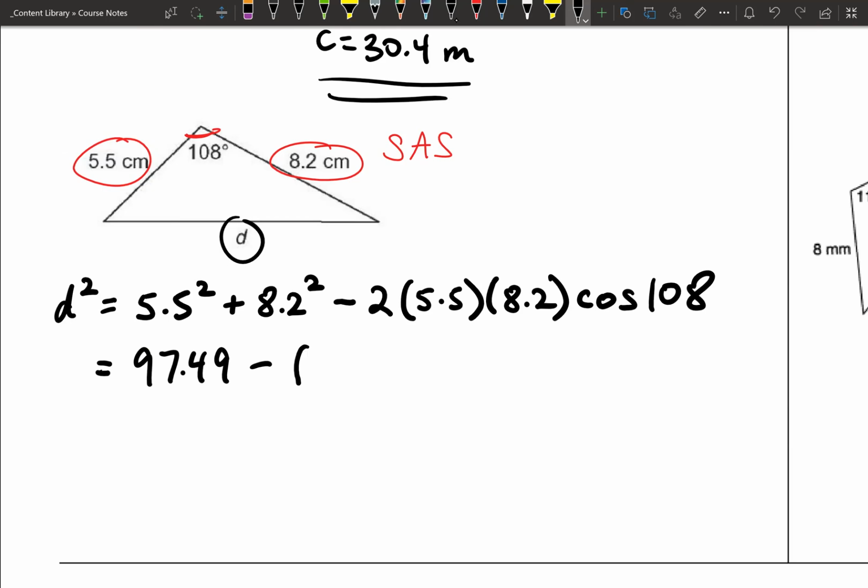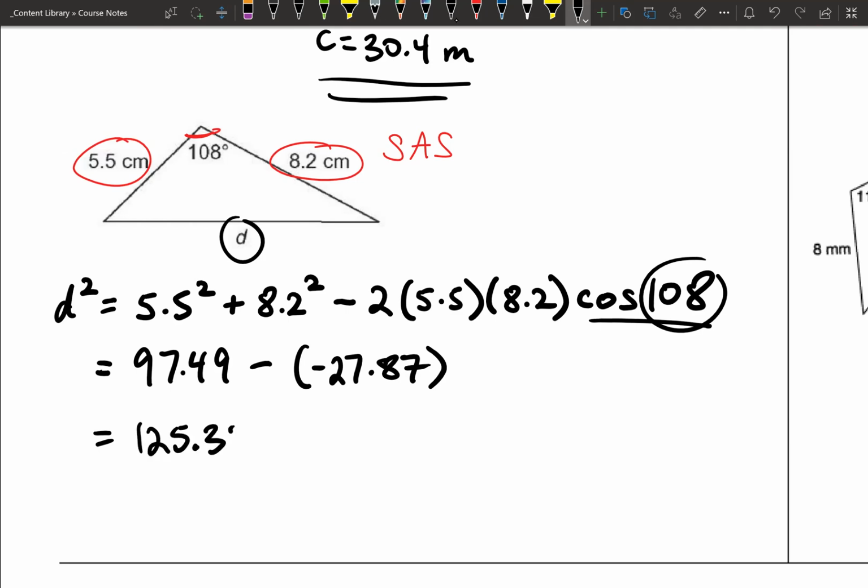And that's going to be a negative number, because remember, cosine of an obtuse angle is negative, right? So negative 27.87. And then, so 97.49, take away a negative number means you're going to add, double negatives, right? So that's going to be 97.49 plus 27.87. Remember, if you're not getting these numbers, you have to double check your calculators to make sure you are in degree mode.